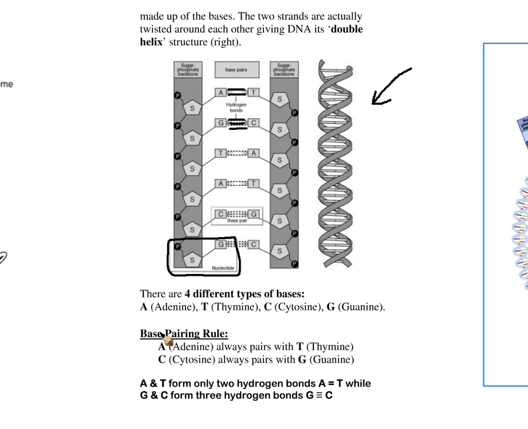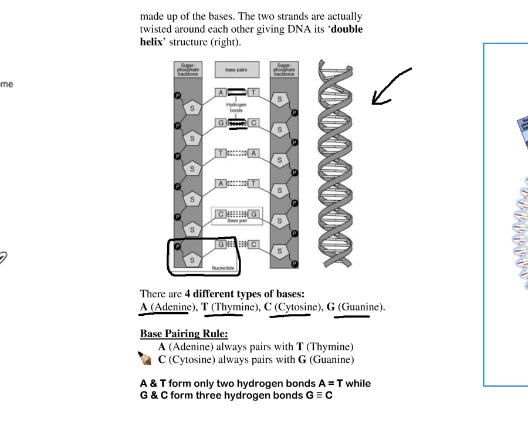Before we get into the base pairing rule, there are four different types of bases, which we've already mentioned: adenine, often just referred to as A, thymine, T, cytosine, C, and guanine, G. The base pairing rule, and we'll talk about why this is in a sec, is that adenine always pairs with thymine.